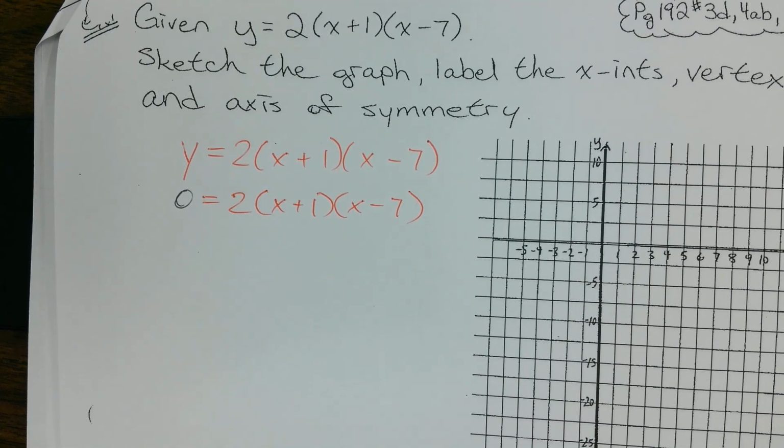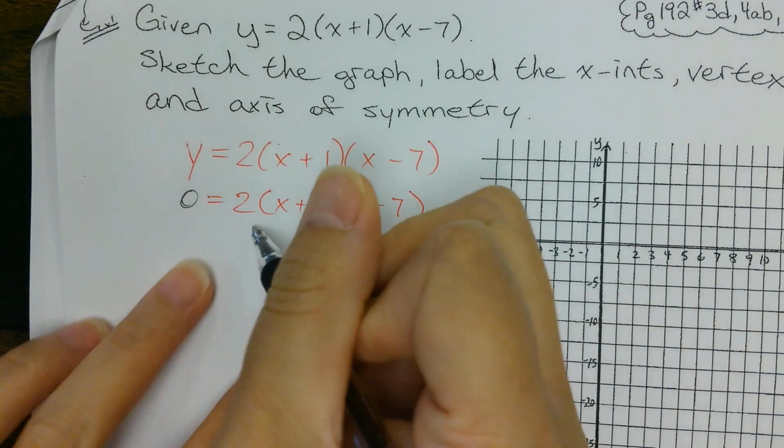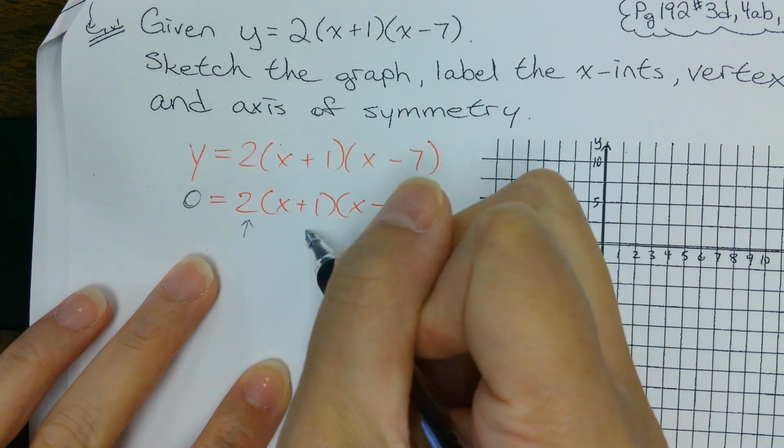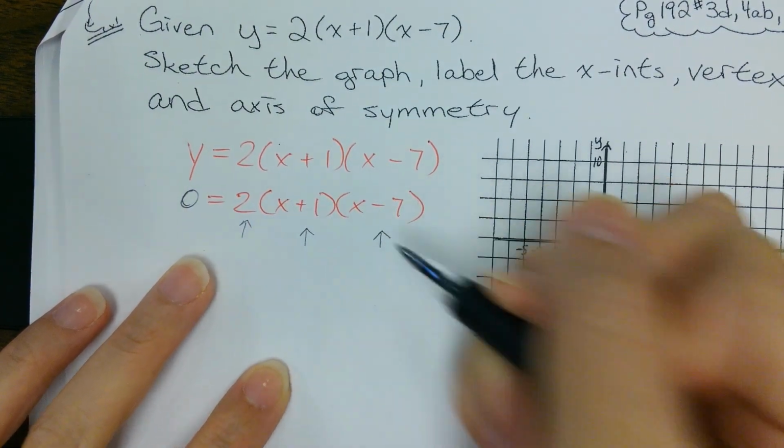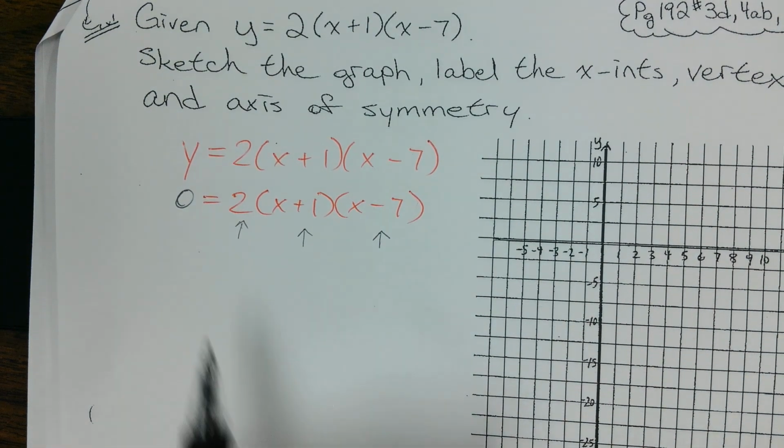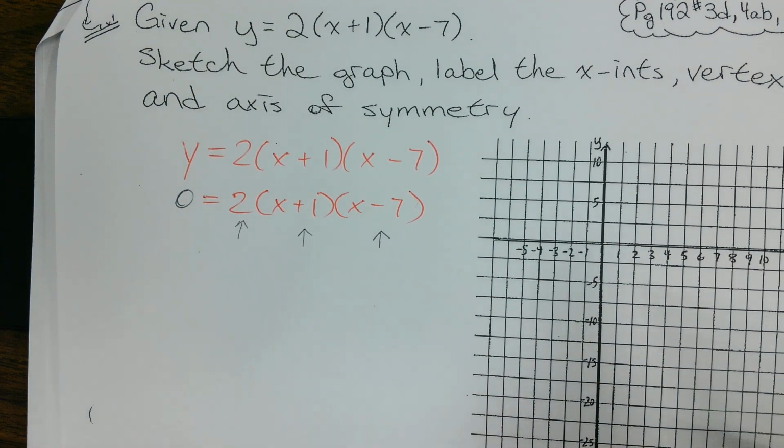What's 10 times 0? What's 10 times 0 times 100? What's 100 times 1,000 times 0? 0. So as long as any one of these terms is 0, it makes the equation true, right?